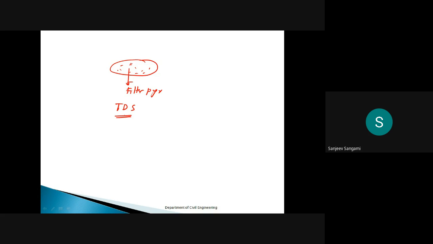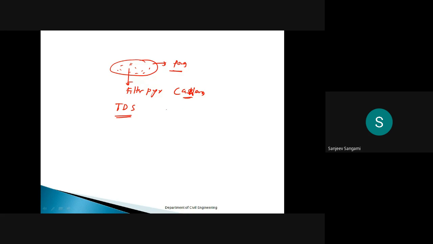Those solids which retain on the filter paper are total suspended solids. Those solids escape because this filter paper has pores. And the filter paper is ashless.